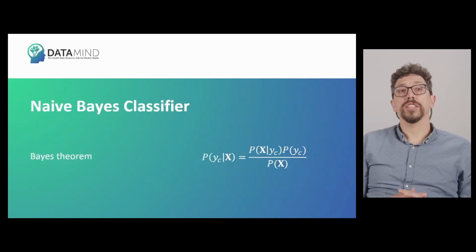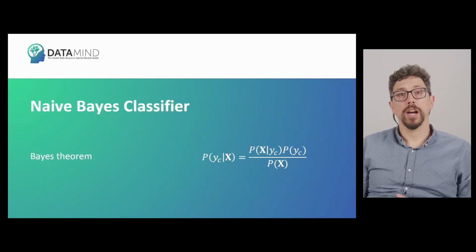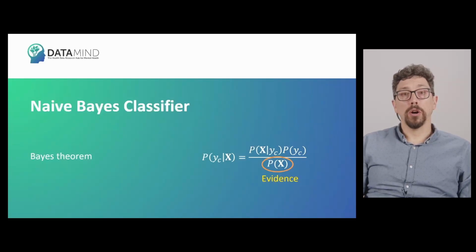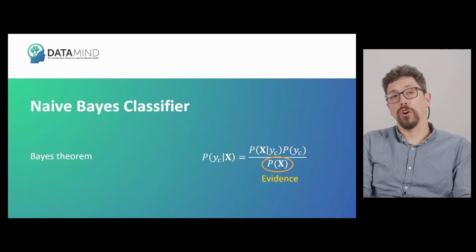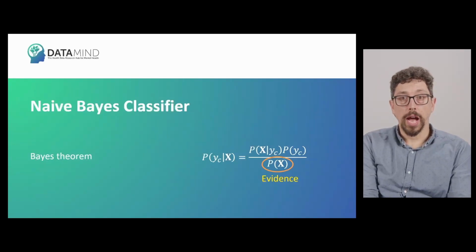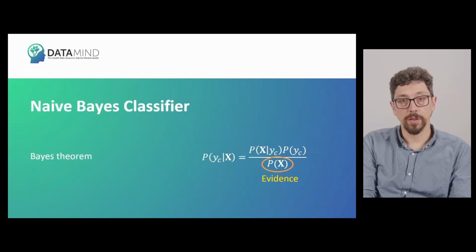This classifier is based on the Bayes theorem, as you can imagine, which is depicted for you on the slide. The denominator of the theorem is the evidence. If you look closely at the evidence, it doesn't depend on the class that we are evaluating, y sub c.